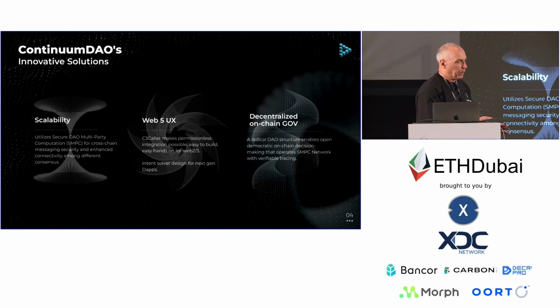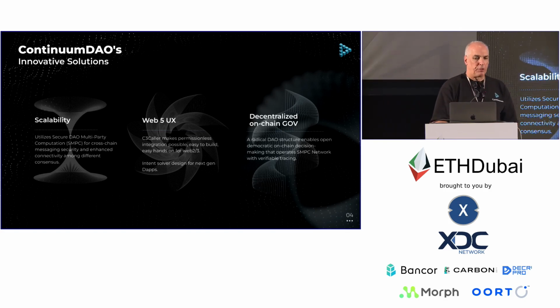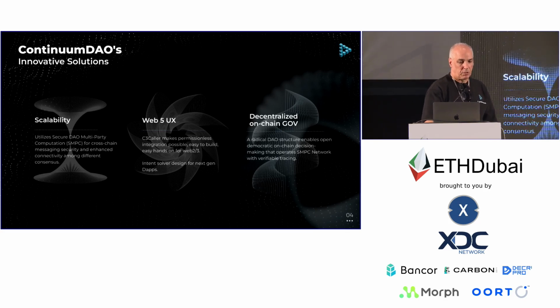And we have a message passing system called C3 Caller, which is very easy to implement and well documented. And as I said before, we operate through on-chain governance, but not just on-chain governance. We've developed a system of on-chain, cross-chain governance as well. And all our decisions are, of course, traceable.